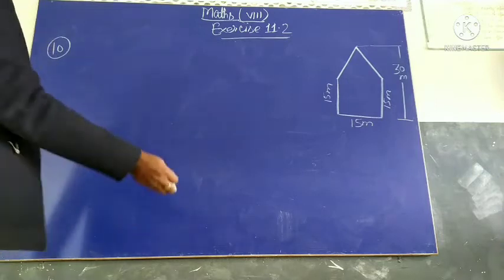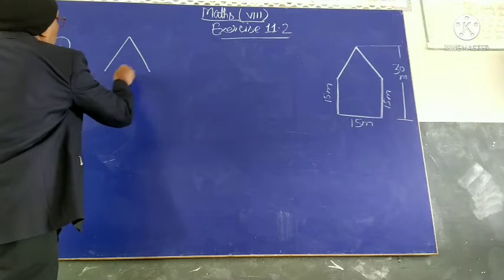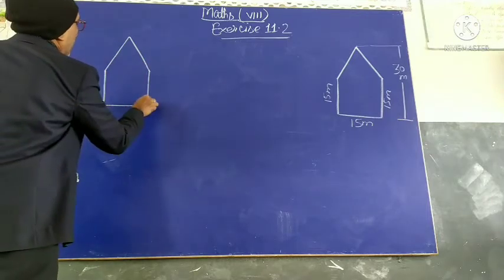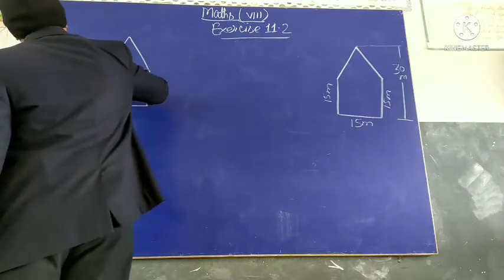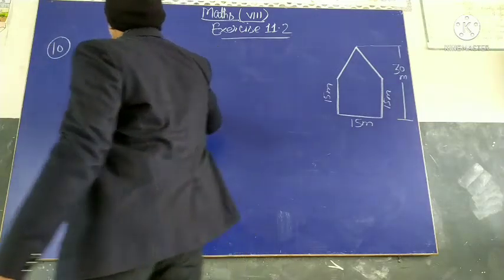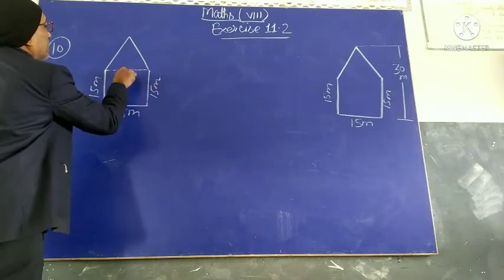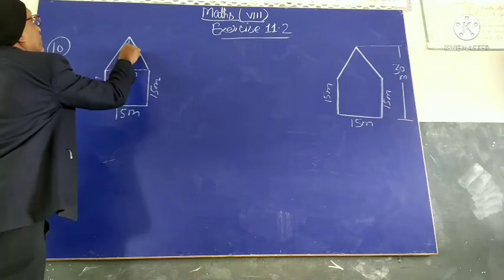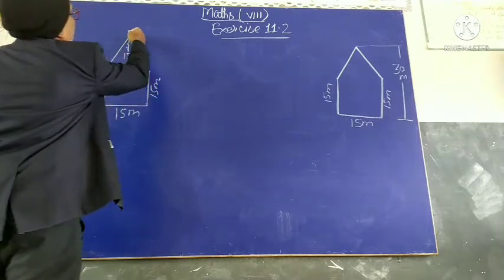Kavita's diagram is, this is the pentagonal shaped park and Kavita divided it here. This means this is 15 meter, this is 15 meter, this is 15 meter, this is also 15 meter, and this height is also 15 meter, because total height is 30.